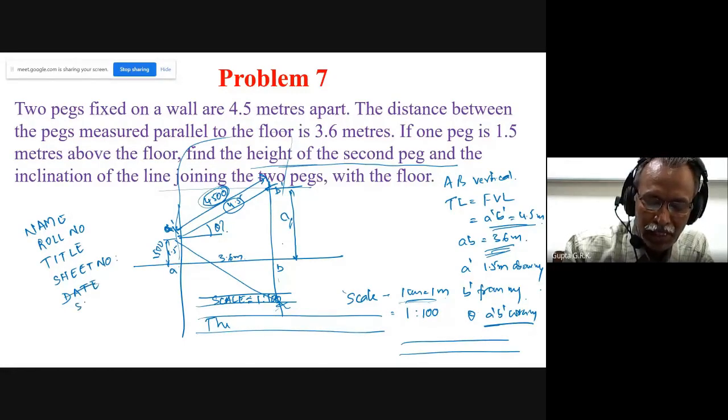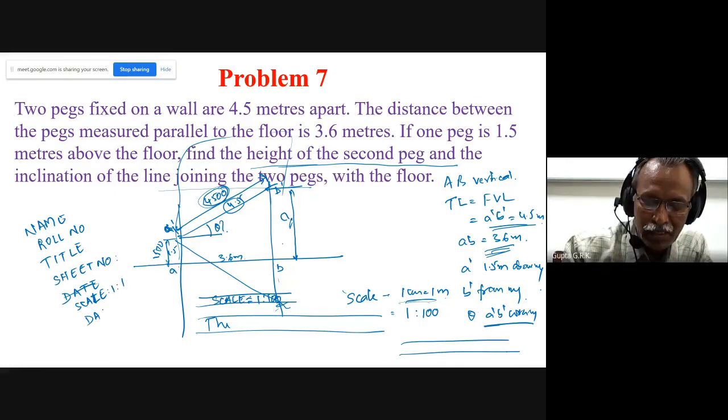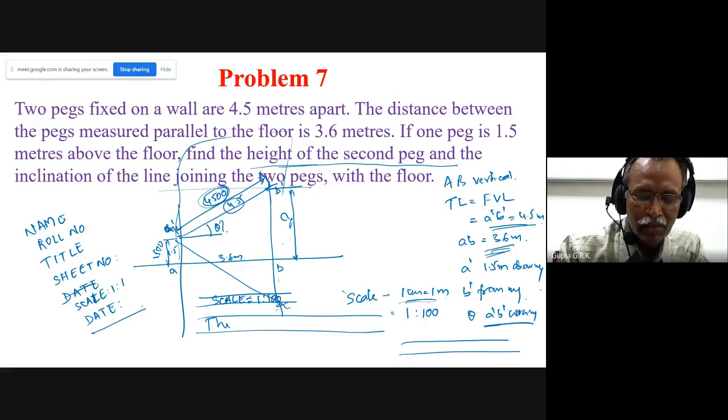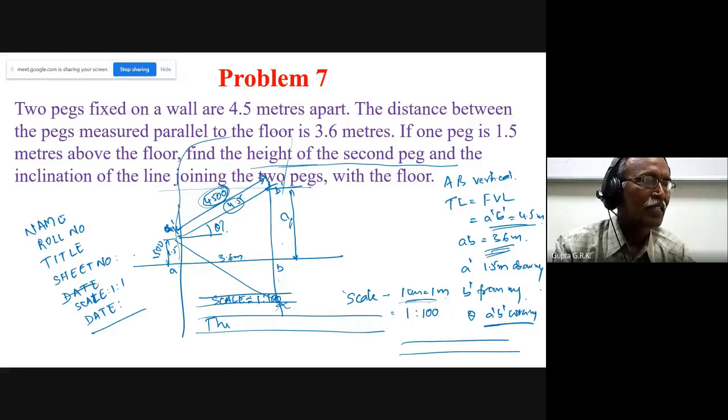Before date you write scale, 1:1 in general. So these things you write in the nameplate. Sheet number 1, 2, 3, like assignment number, and the title, for this, projections of line 1.